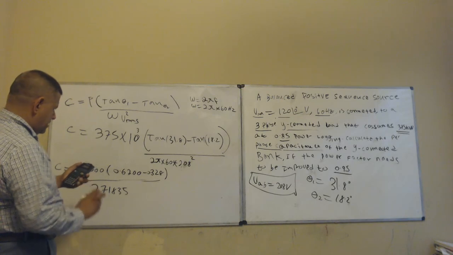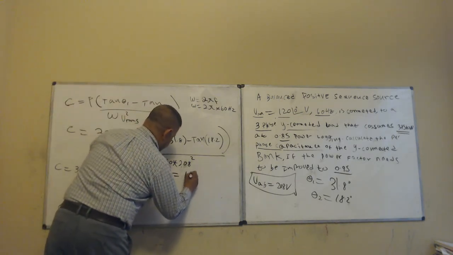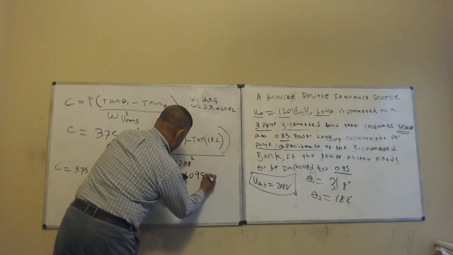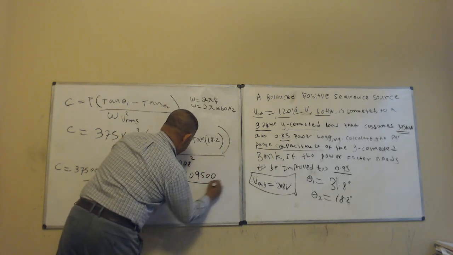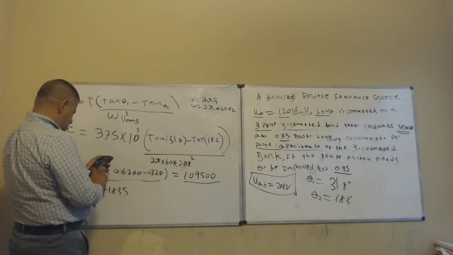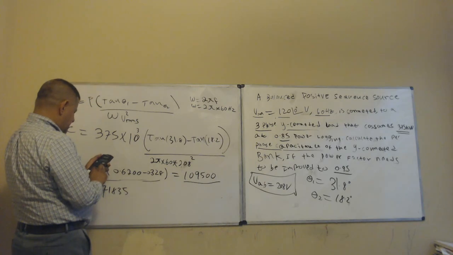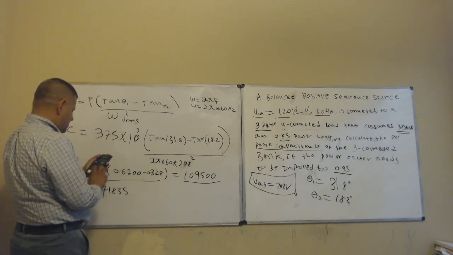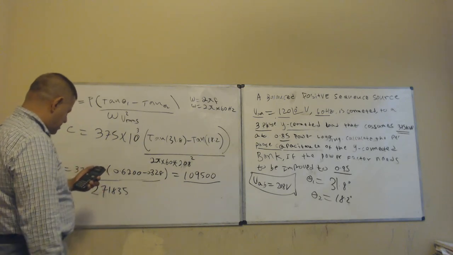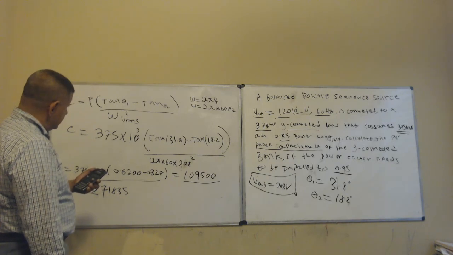Then that is equal to 109,500. In the bottom, you got 271,835. That's interesting.